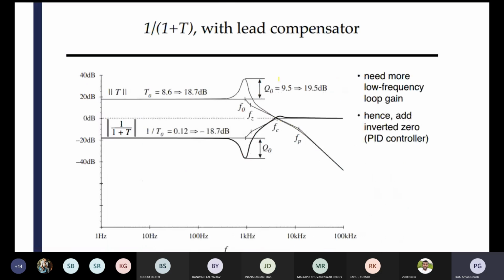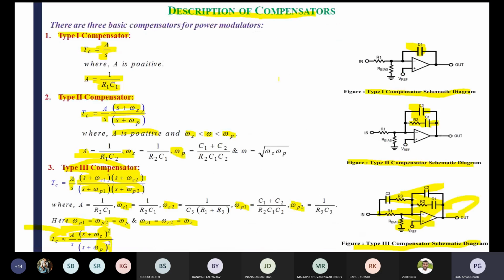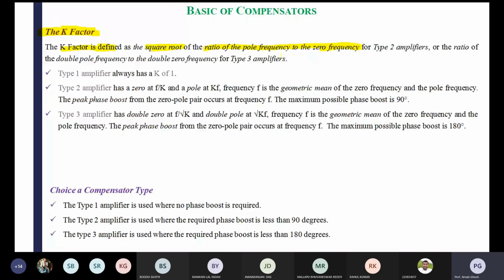So for the type 2 compensator, the K factor is the square root of the ratio of the pole frequency to the zero frequency. For the type 3 compensator, it is the ratio of the double pole frequency to the double zero frequency.